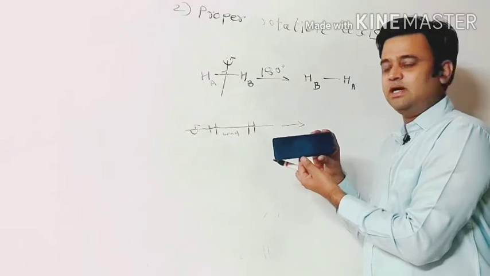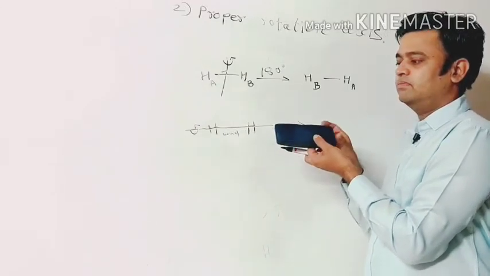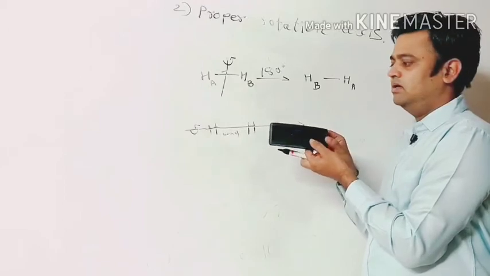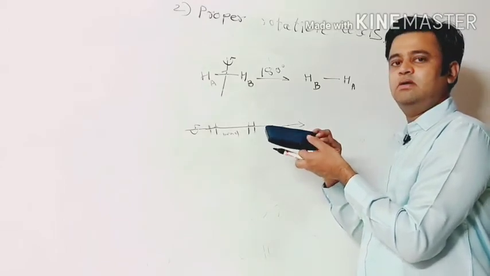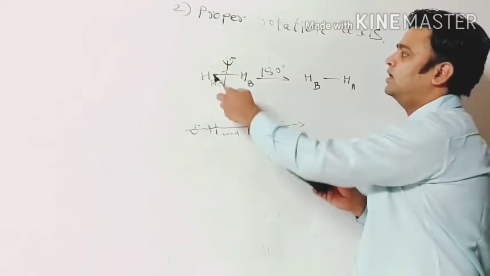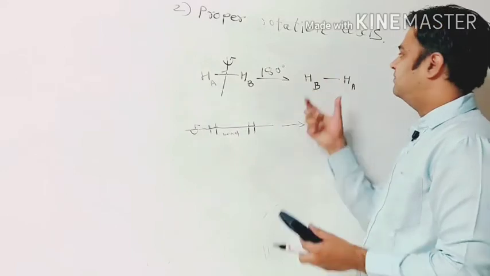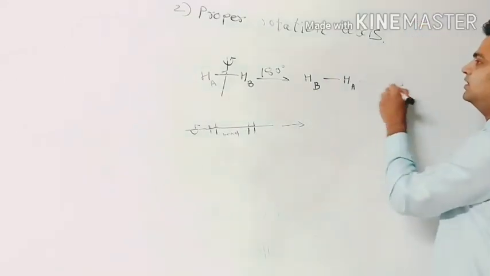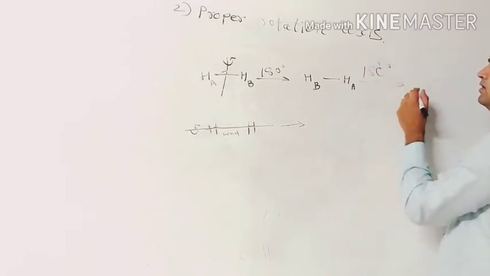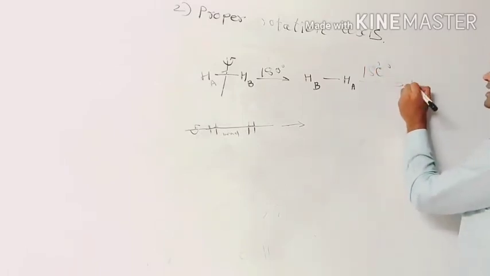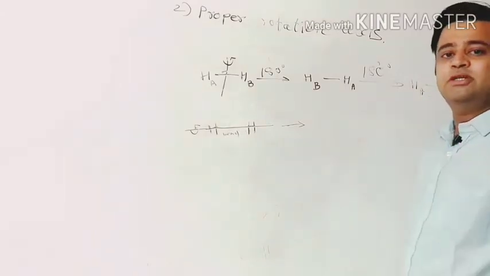Just like this. How many times can you rotate? Can you count? It's one time, and another one time 180 degree, you get same molecule HAHB. Means two rotations you have performed.